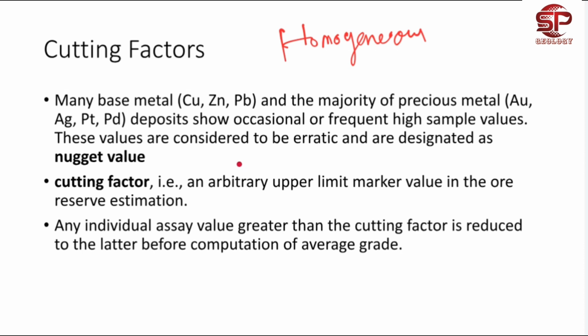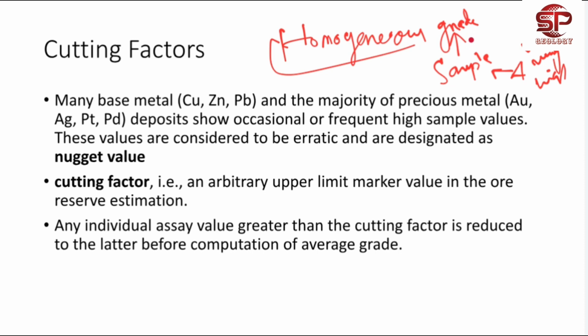The sample will represent the whole deposit, or the large portion from which that small portion is taken. So the sample should be homogeneous. What happens if, when you are taking the sample, there is a particular chip which is very high grade? It comes in the sample, then it will automatically increase the grade.